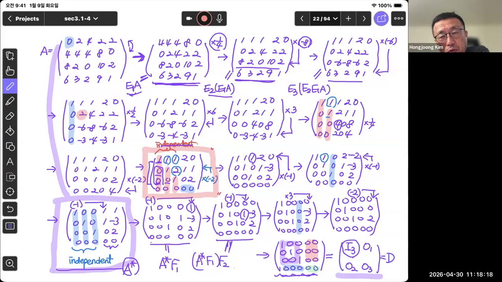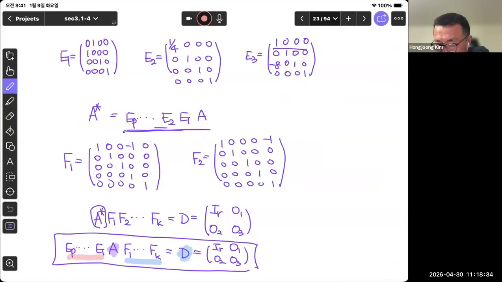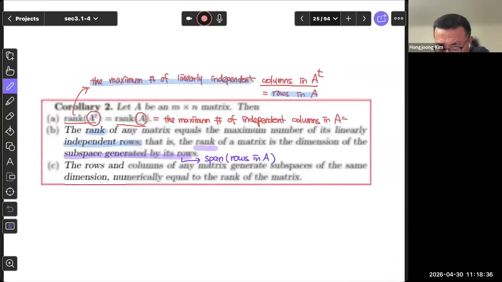So if I need to find the rank of a matrix, you can stop at the red box, because that will tell you that you have only 3 linearly independent rows. So that will be the conclusion here.